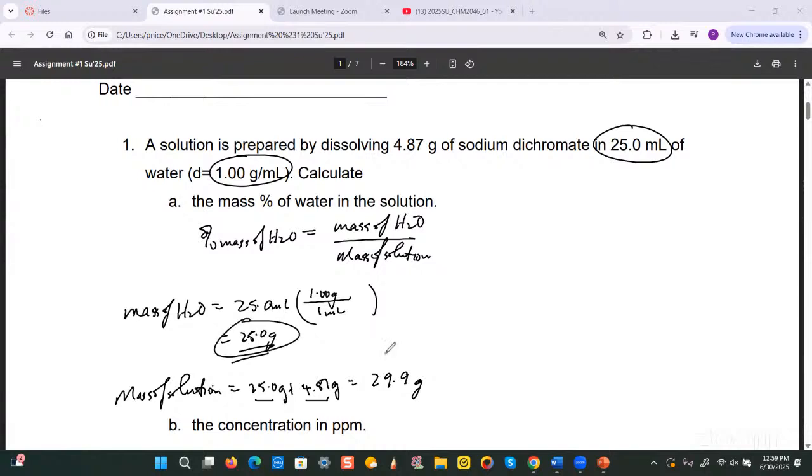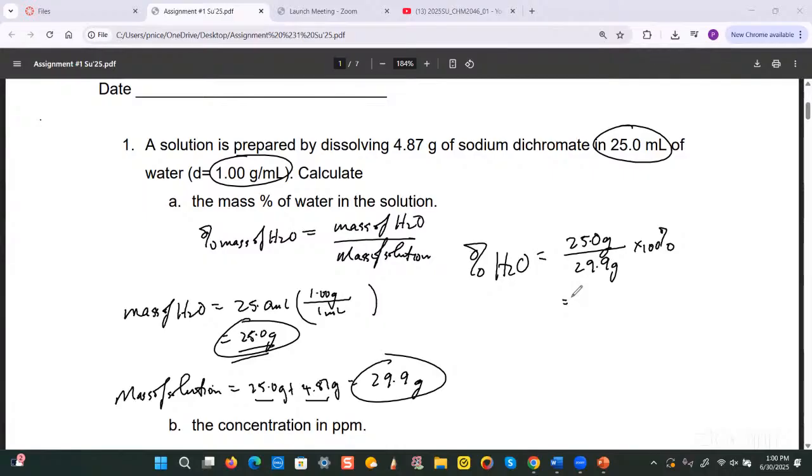So we have the mass of the water and we have the mass of the solution, so the percentage of water would be equal to what? What would be the percentage of water? It's 25.0 grams divided by 29.9 grams times 100. 25 divided by 29.9 times 100, and you have to round that off to 3 sig figs.